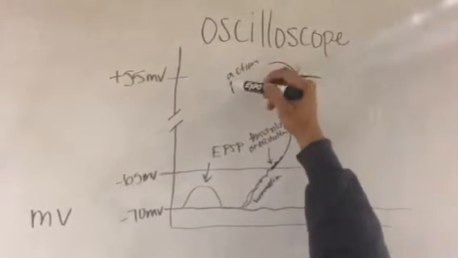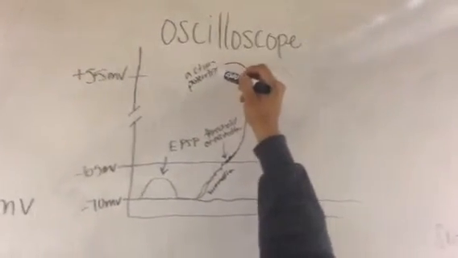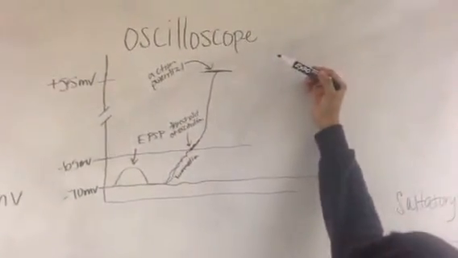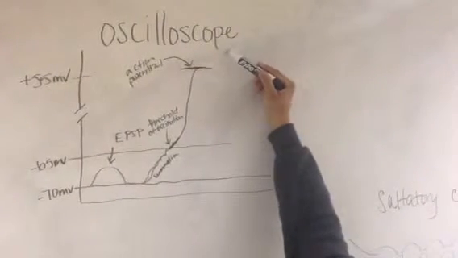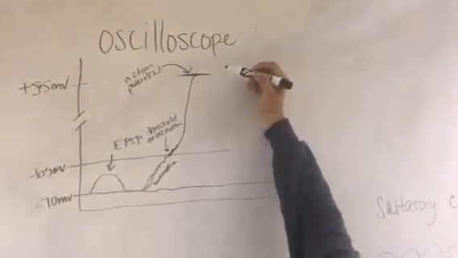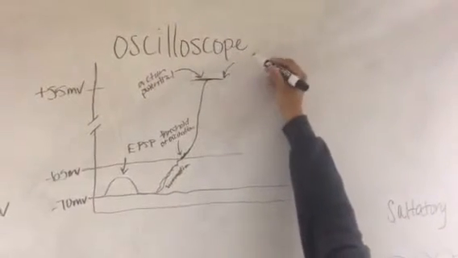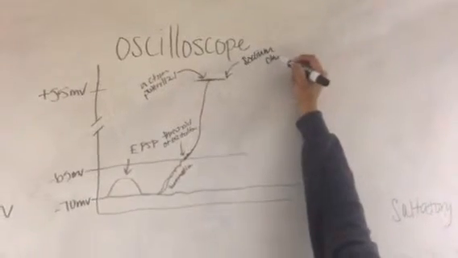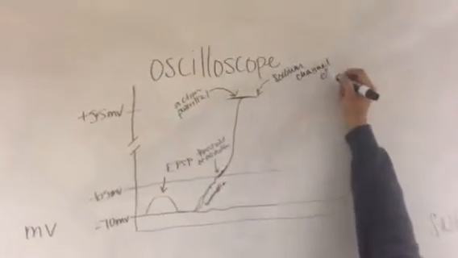At this level of millivolts, sodium channels will now close, because sodium has reached its equilibrium on the inside of the postsynaptic membrane. Sodium channel closes.